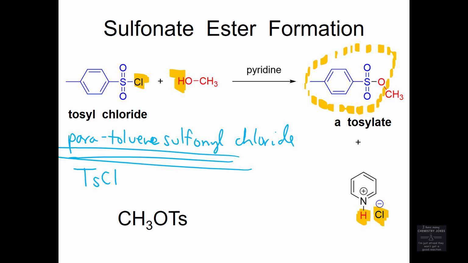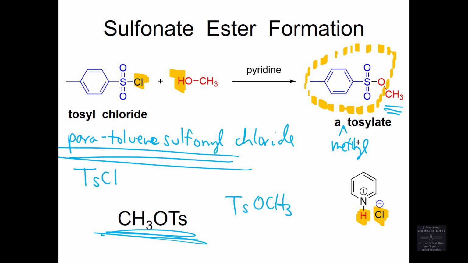So note, a tosylate does include, when we talk about something being a tosylate, this red oxygen that came from your alcohol. This is a tosylate. It's a methyl tosylate officially, this specific one, because we have a methyl group on the other side connected to my tosylate. Okay, so that group up in the corner can be abbreviated CH3OTs or TsOCH3, it doesn't matter.